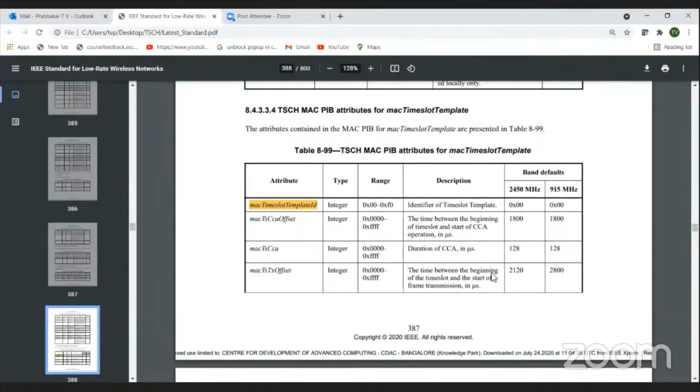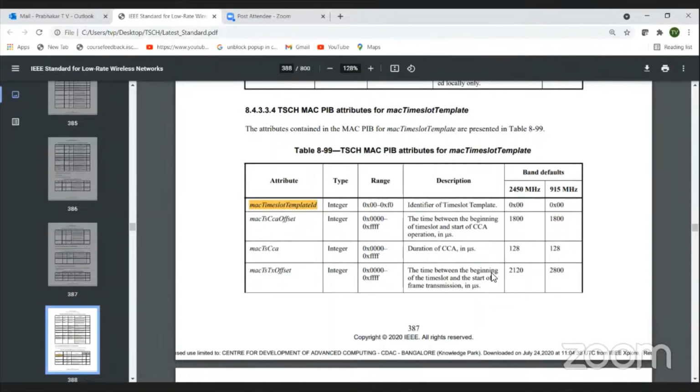Now you see MAC TS CCA offset. It says it is 1800 microseconds: the time between the beginning of the time slot and start of CCA operation. MAC TS CCA, duration of CCA, 128 microseconds. MAC TS TX offset. What is this? The time between the beginning of the time slot and the start of the frame transmission in microseconds, 2120.